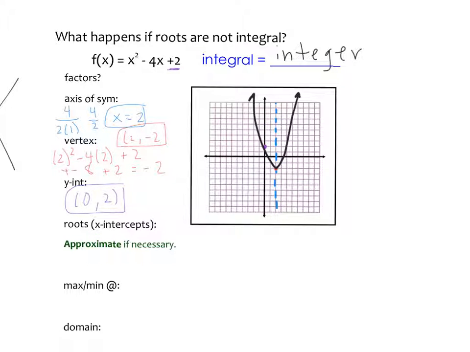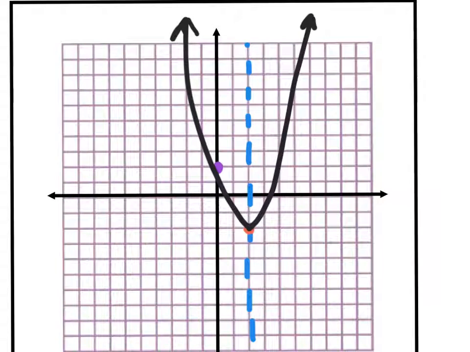So here where it says roots or x-intercepts, I need to actually approximate these x-intercepts, and it's necessary because we know that they don't cross at an exact integer location. So I'm going to zoom in on my graph, and I see that my parabola crosses the x-axis twice. So I'm going to approximate my 2 solutions on my graph.